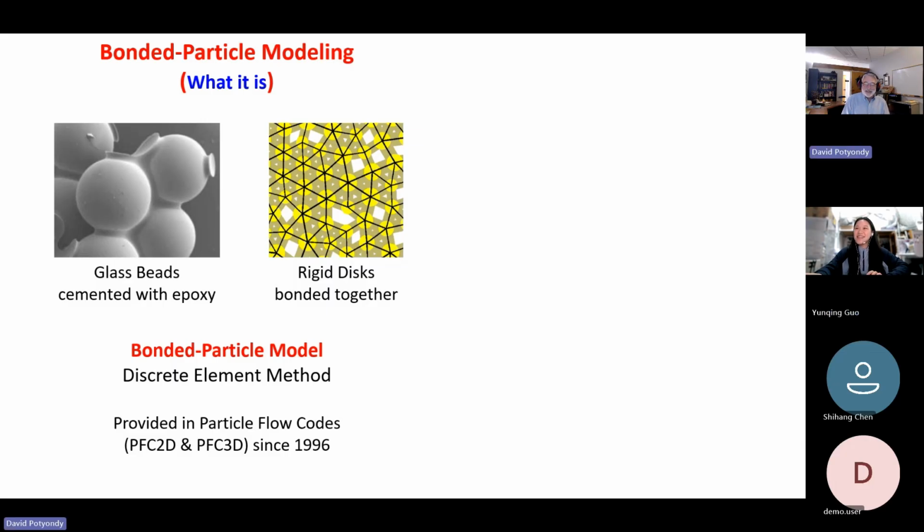And the people that did it was a big mining company that is interested in what they call block caving. So what is this? This is a way of mining material.